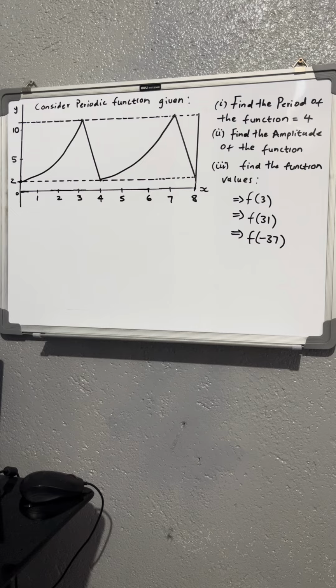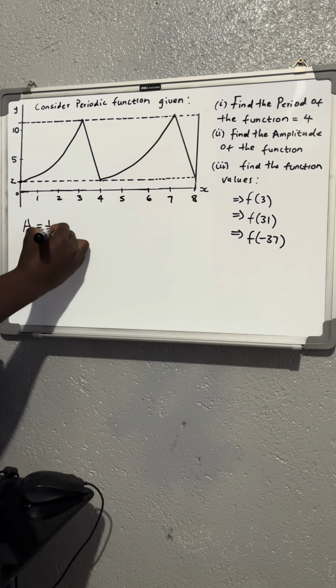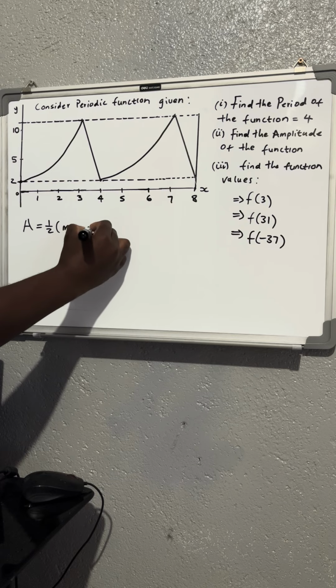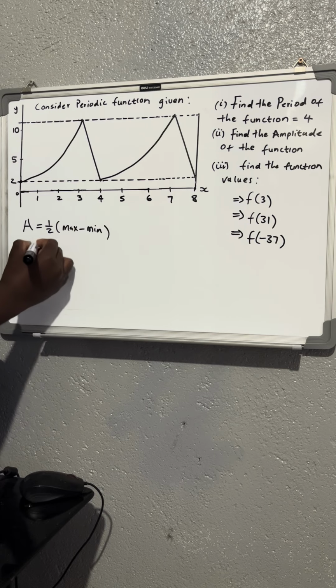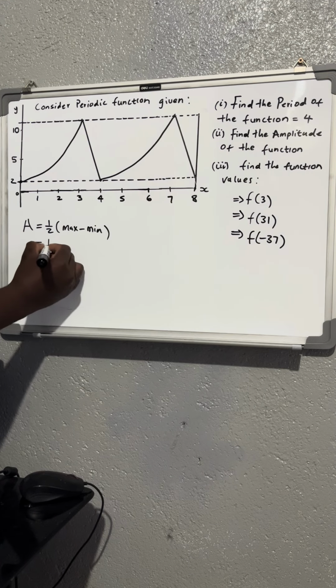Now they're saying find the amplitude of the function, and we know the formula for the amplitude: half times your maximum value minus your minimum value. Looking at this, what would be your maximum value?